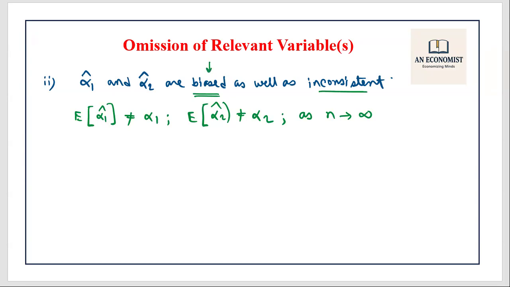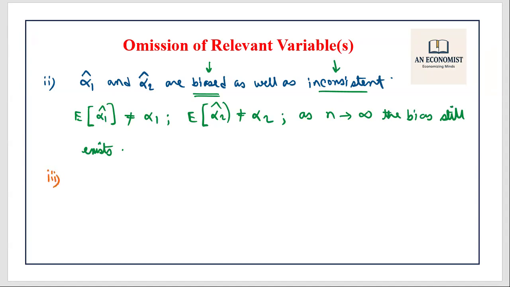And inconsistency means that as n tends to infinity, this bias will not disappear. The bias still exists. That is why the estimators are not only biased, they are also inconsistent in nature. So this is the second consequence.